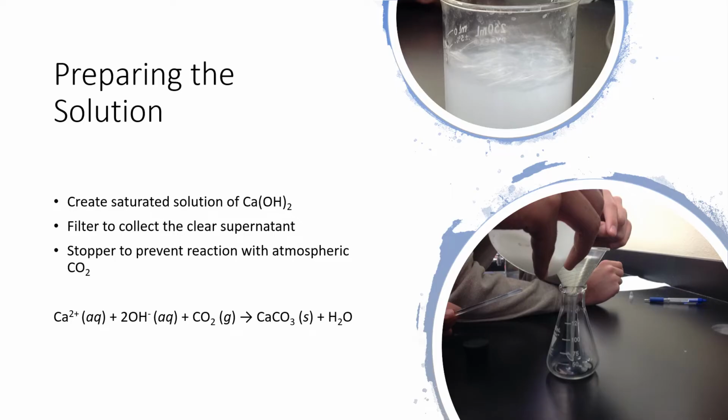You need to allow the precipitate to settle and then slowly filter the solution through filter paper to collect the solid-free supernatant. The supernatant container then needs to be stoppered as soon as you're done filtering, because the solution can react with atmospheric carbon dioxide to create solid calcium carbonate, which is extremely insoluble, and this will throw off the results for your Ksp titration.